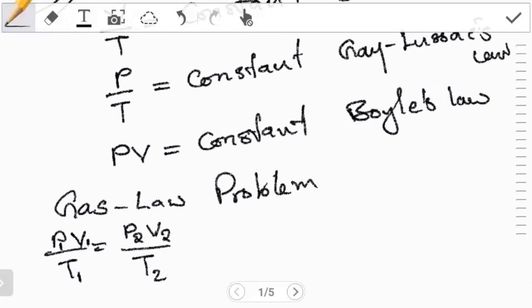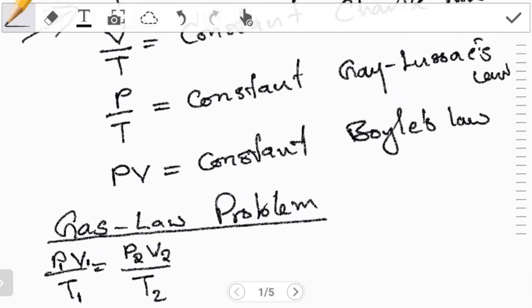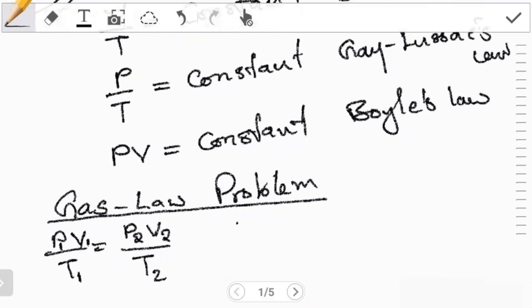The special cases can also be written in this form. Now, how will they look? If we start with Charles' law, where V over T will always be equal to a constant, now we're saying V1 over T1 will be equal to V2 over T2.